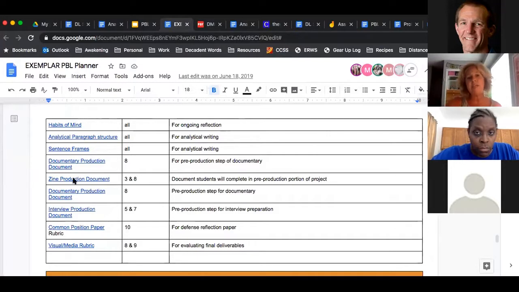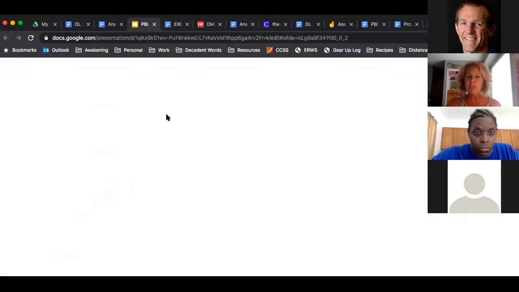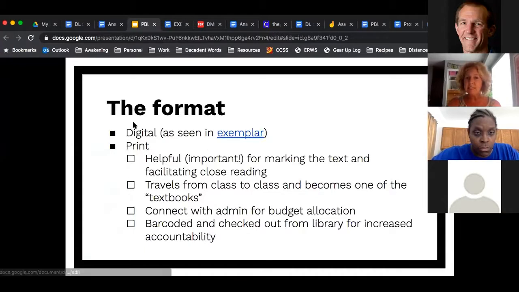This is the way that we did it a number of years: all of these documents were in one folder that's shared by the team and shared with the students. So that's one option, to have them only in that digital format.